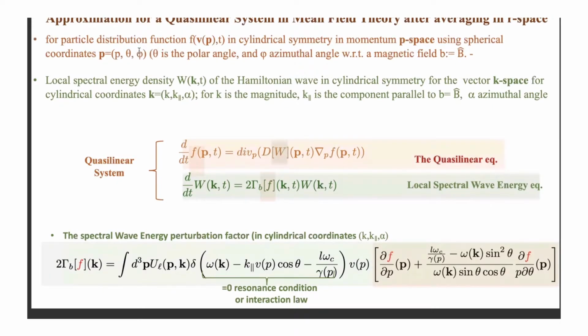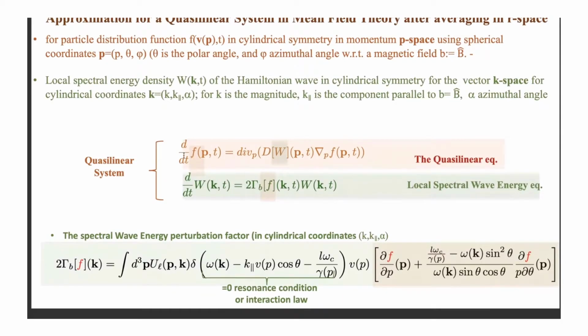Theta is the polar angle, phi the azimuthal, and they are with respect to the magnetic field B. Here p parallel is the poloidal component, phi is the toroidal component, and p perp, with respect to the drawing that you saw in the first slide.